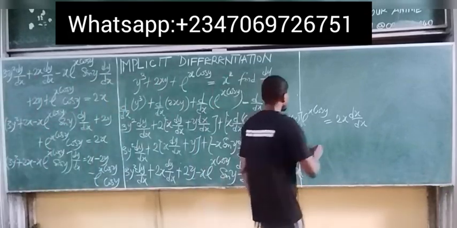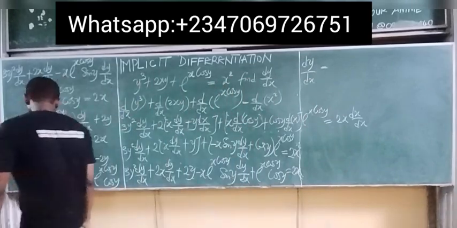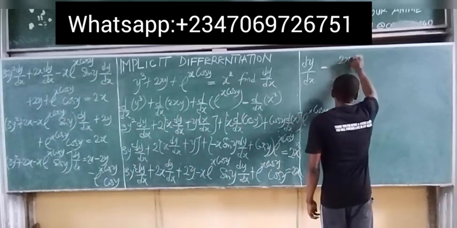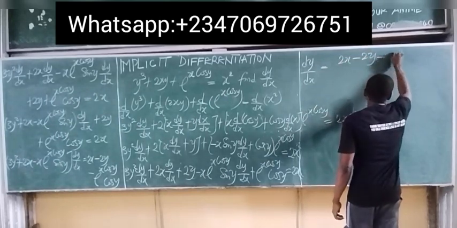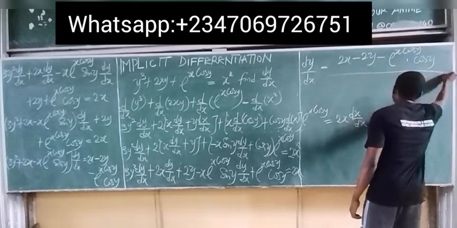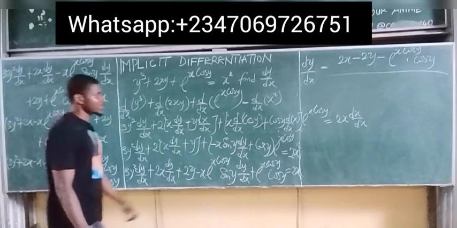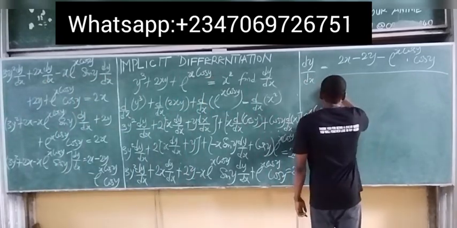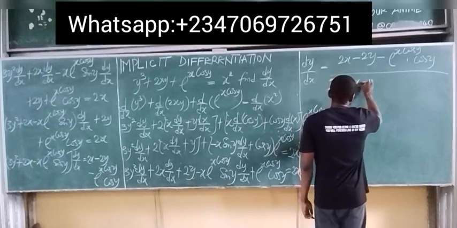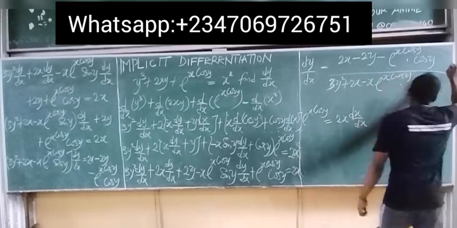If we do that, we are going to have that the dy dx is now equal to 2x minus 2y minus exponential x cos y multiply cos y divided all through by the whole of the variable here, 3y squared plus 2x minus x exponential x cos y multiply sine y.